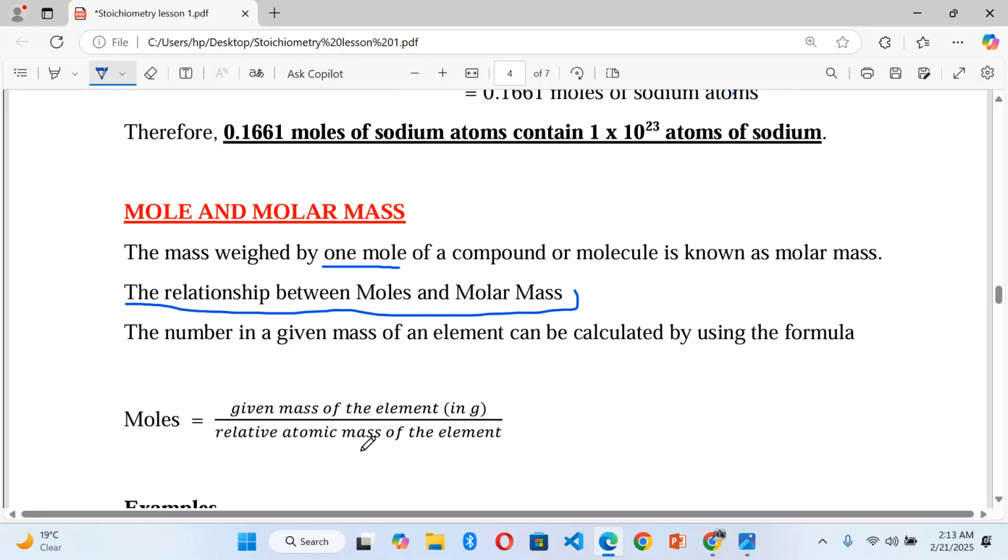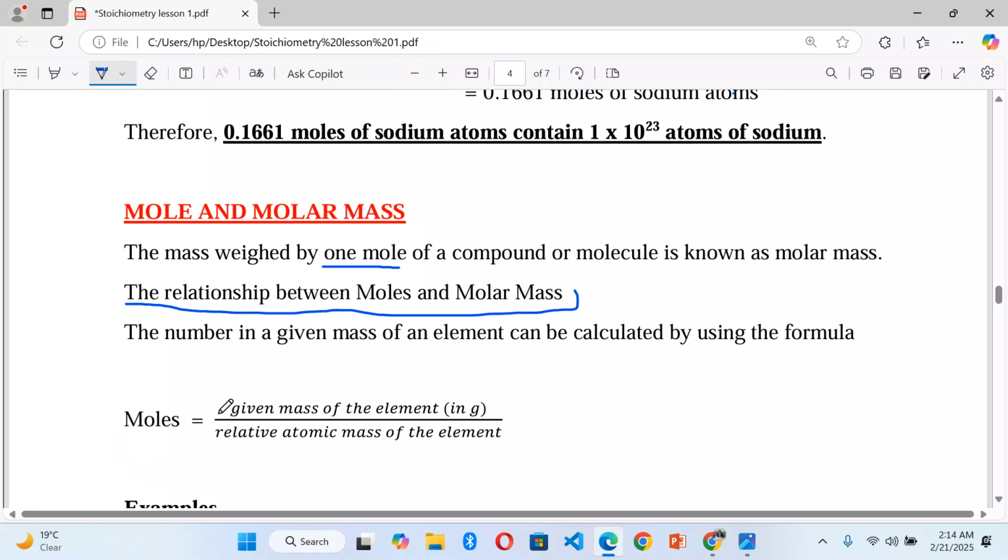So if you want to know the moles of a given substance, for example, the number of moles in 500 grams of sodium chloride, if you know the mass you have, you put its mass, you divide by its relative atomic mass, and then you get to know the number of moles present in that sodium chloride.